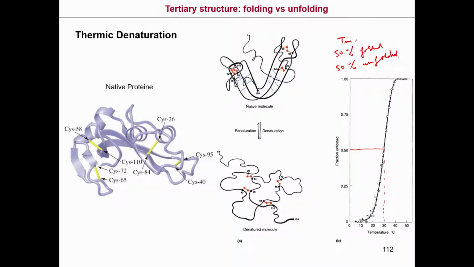And a second example, maybe in medical application: when you want to sterilize the instruments that we will use for medical surgery, you will sterilize the instruments by heating them.